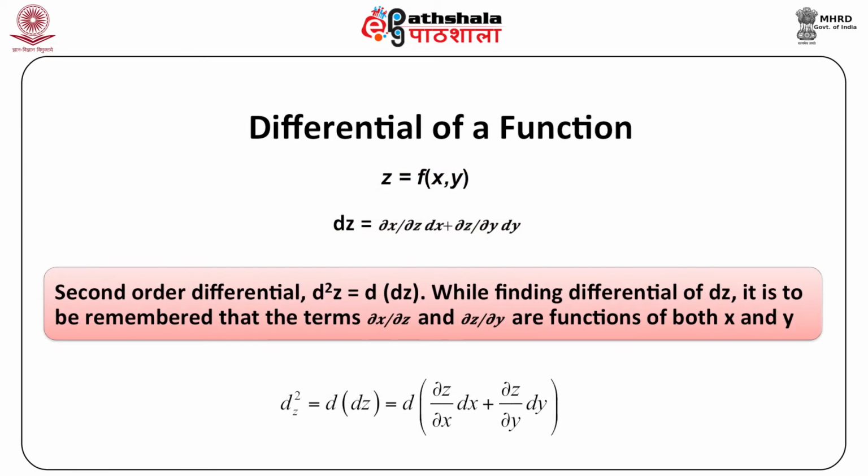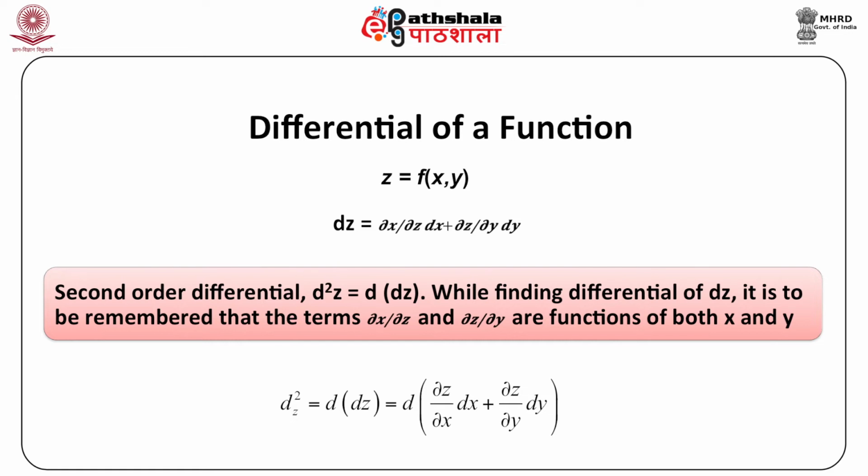It is possible to calculate second and higher order differentials directly by applying various rules of differentials. A second order differential can be calculated as the differential of a first order differential. Consider again z is a function of x, y. dz is equal to del z by del x dx plus del z by del y into dy.